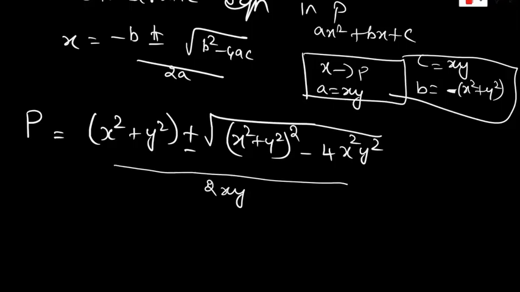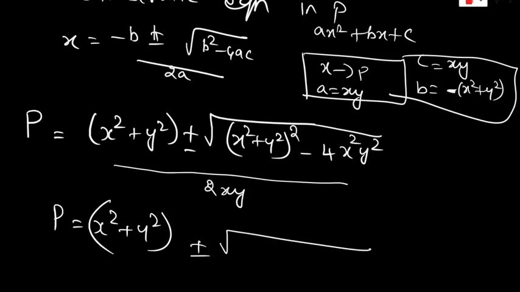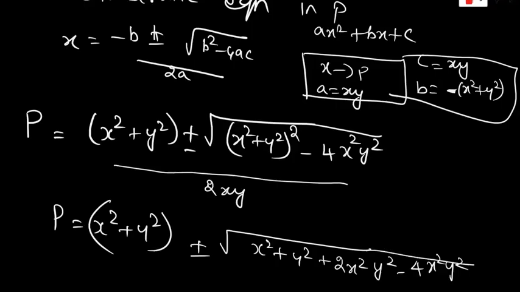Now we have this simplification inside the square root: x square plus y square plus or minus root of (x square plus y square) whole square minus 4x square y square, by 2xy.